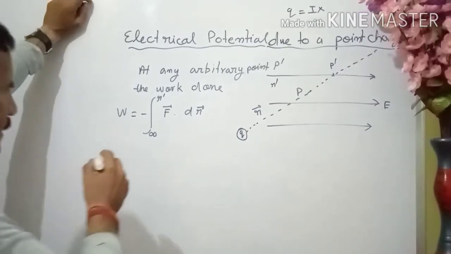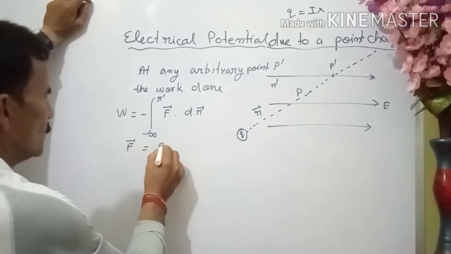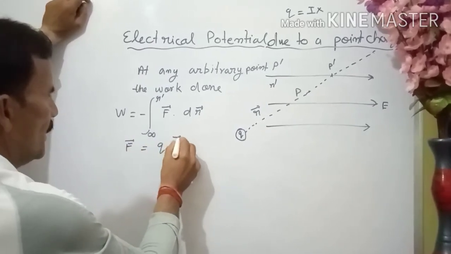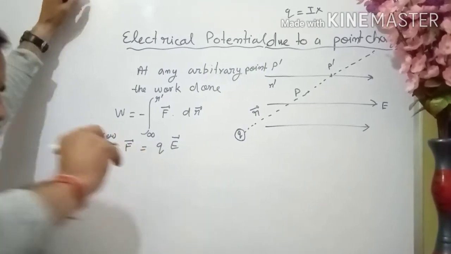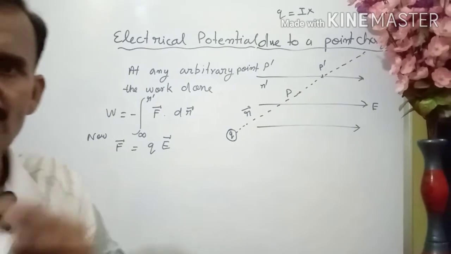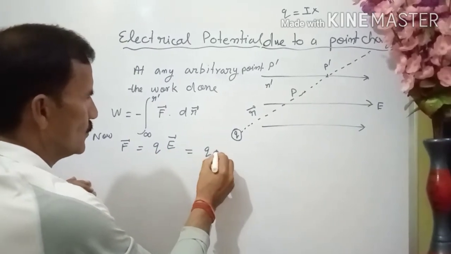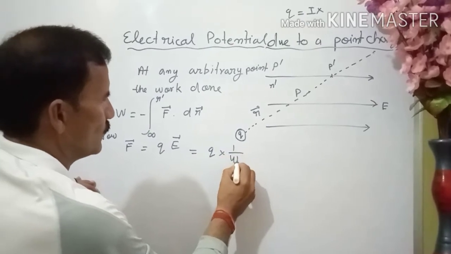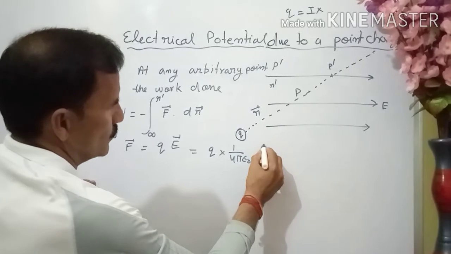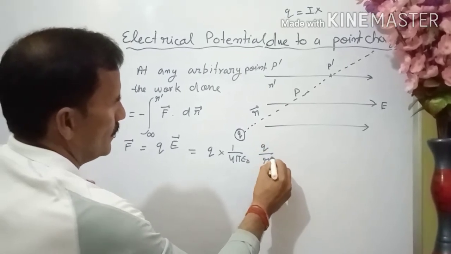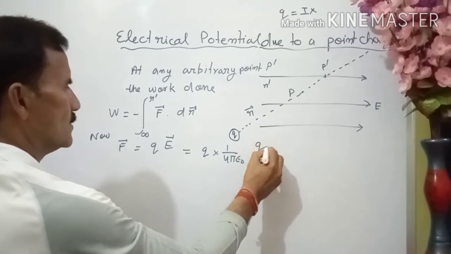Now you know the electric force F is equal to q into E, and E you have already calculated. Electric field due to a point charge is equal to Q into 1 upon 4 pi epsilon naught, into Q upon r square.